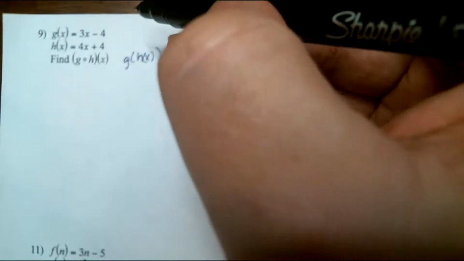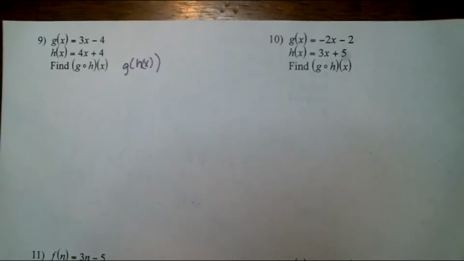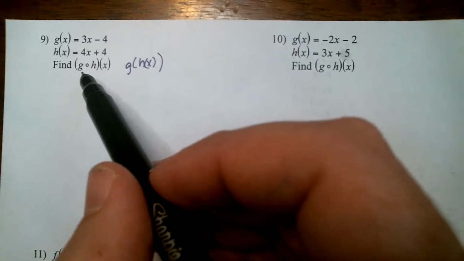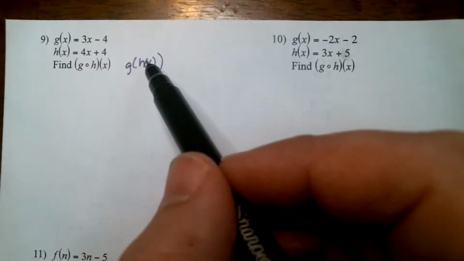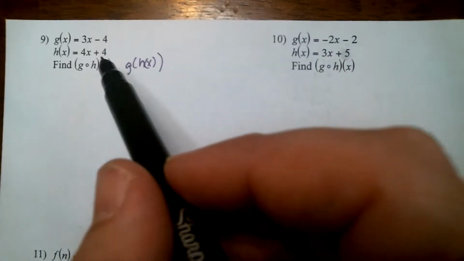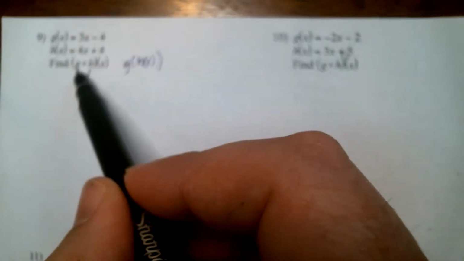If you're literally looking at this, that's saying put h of x into the x of g of x. Again, I'll explain that again because it got a little blurry. It's saying g composed with h of x. So we're going to plug h of x into the x of g of x. So plug h into g.